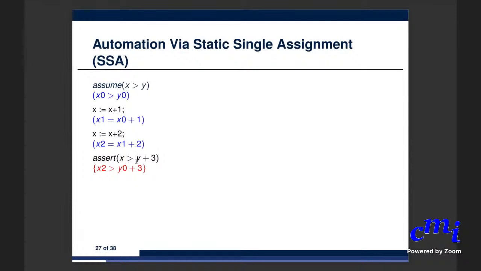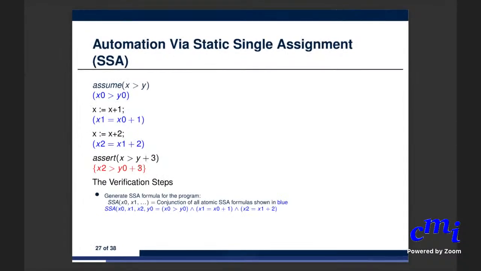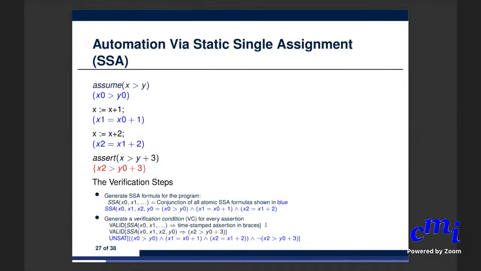Eventually the post was proved by just replacing the latest timestamp version of the variables for x and y. Then all you had to prove was to take the conjunction of all these intermediate assertions and show that it implies the assertion, and that's what is sent to a prover like Z3.